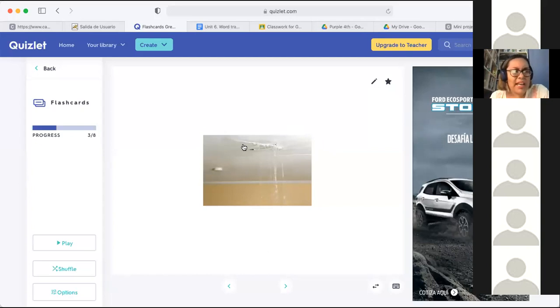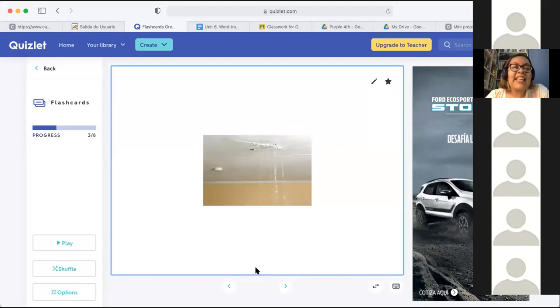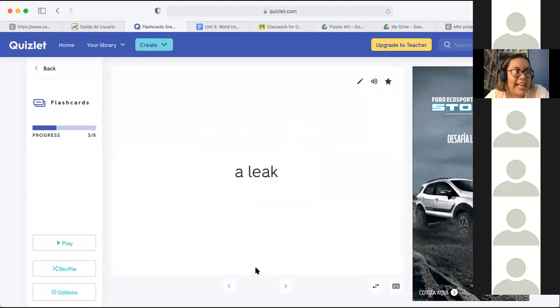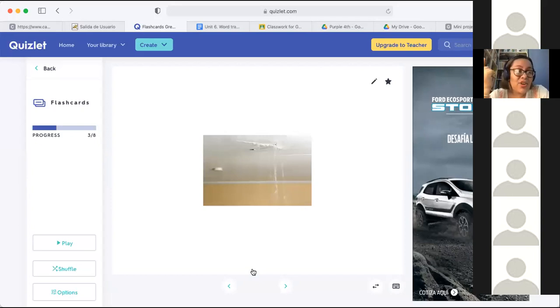As you can see, there is again damage, because pretty much everything I'm going to show you in these pictures is some kind of damage. There is damage in the ceiling, and in this case, water is falling or filtering through it. Yeah, Karen is right. This is a leak. So things that we commonly associate with leaks: ceilings sometimes can leak.